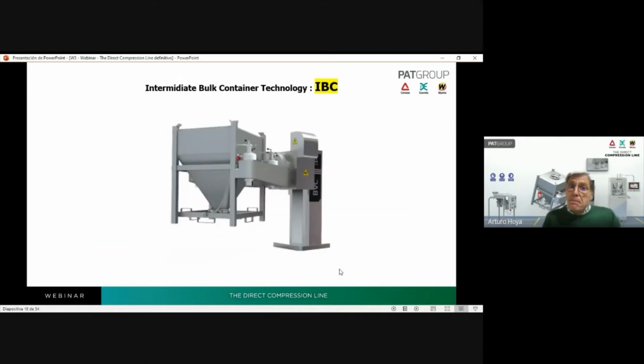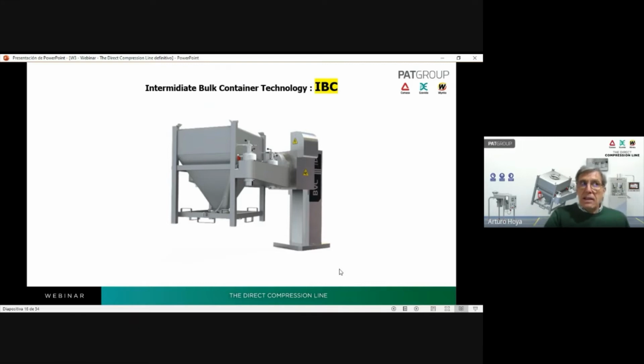Well, and this is a special tumbling blender because the intermediate bulk container technology is used for three functions. We will see it again at the end of the presentation, but the IBC blends, stores, and feeds the tableting machine, all in one.